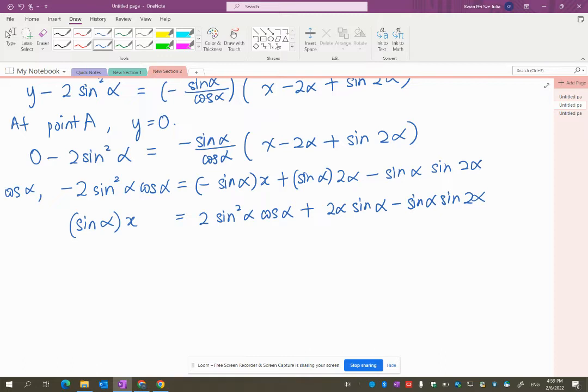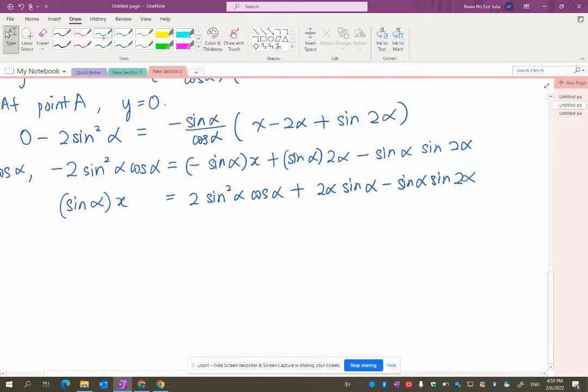All right, so now we're going to isolate x, find x. Many of you will say, oh, can we just divide throughout by sine alpha? Very important: yes, you can, provided sine alpha is non-zero. So you need to verify that first.